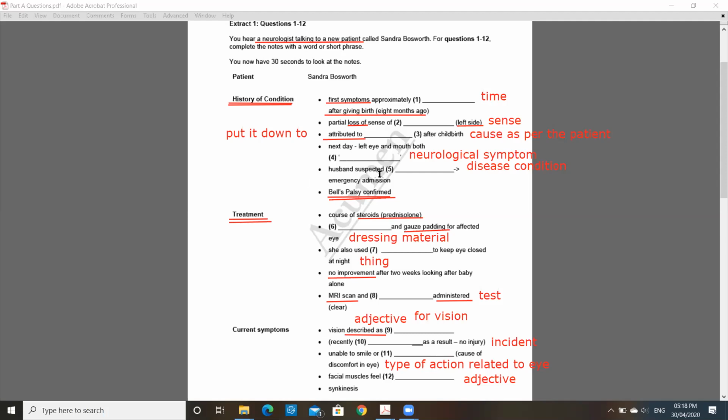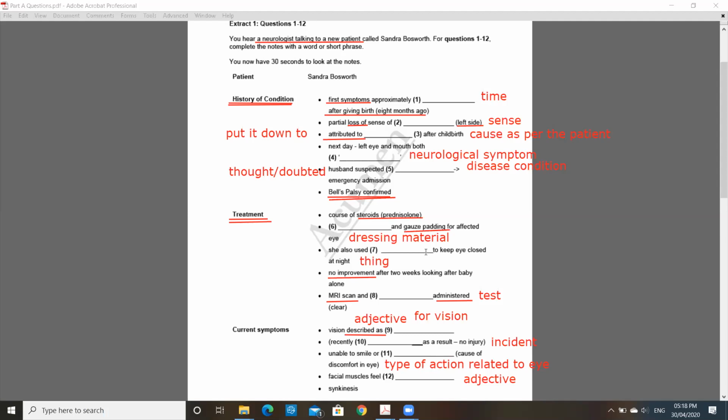Similarly, here it says husband suspected. So obviously you would not have the exact word. Okay? The patient might describe it by saying he thought, or he doubted. So you have to simultaneously also think about the way in which the patient would be describing their symptoms. Similarly, here when they said that she used something, the patient probably wouldn't say I used.